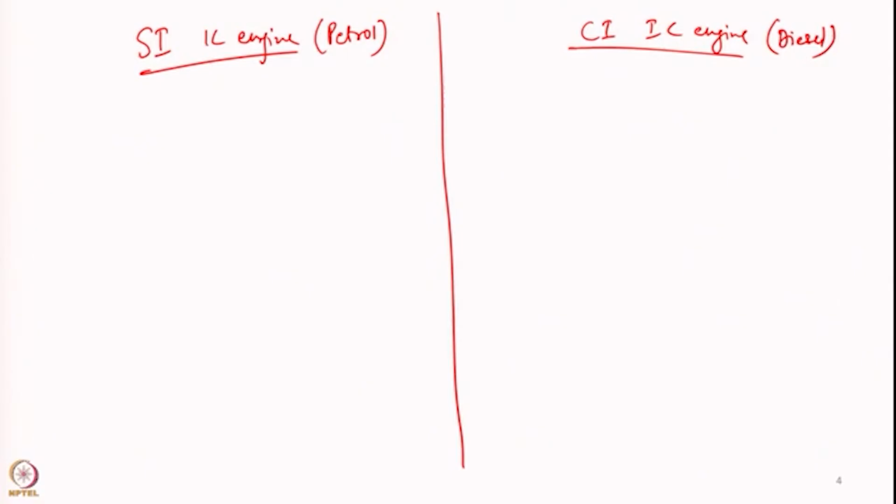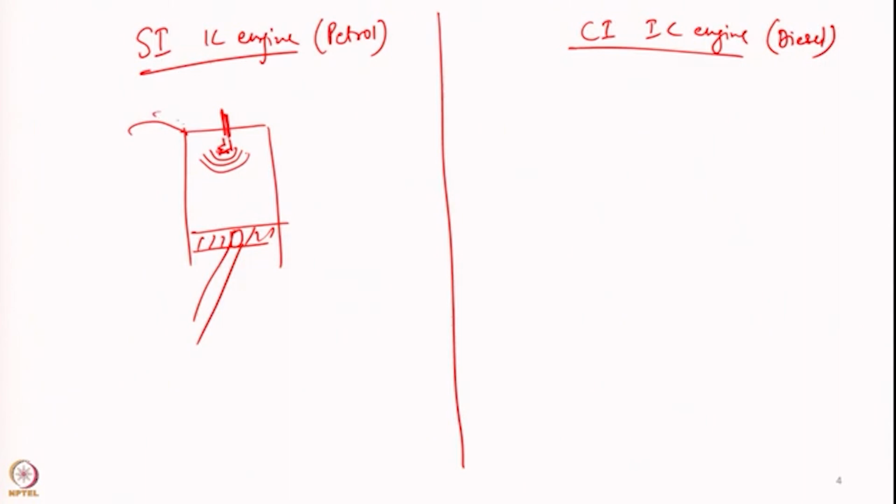So, when we look into the spark ignition based IC engine, just like we discussed in the last slide, we will have a cylinder and this is the piston, and on the top side there will be a spark plug which will give the spark and the flame will propagate. What we push through the inlet is air plus fuel.